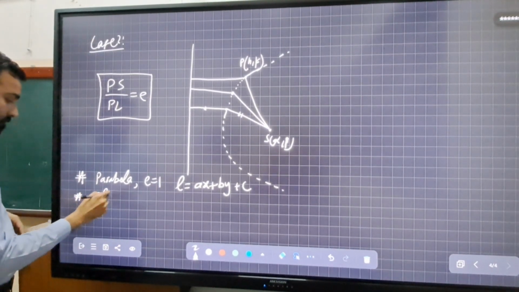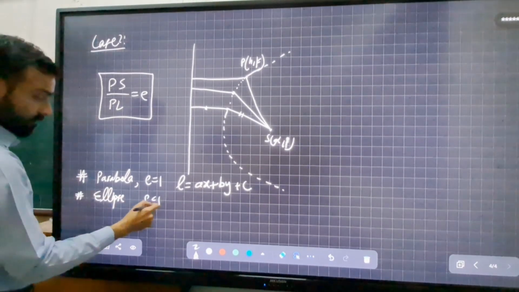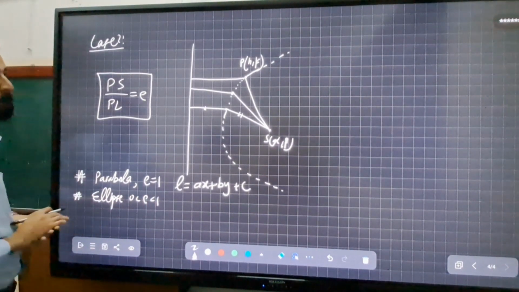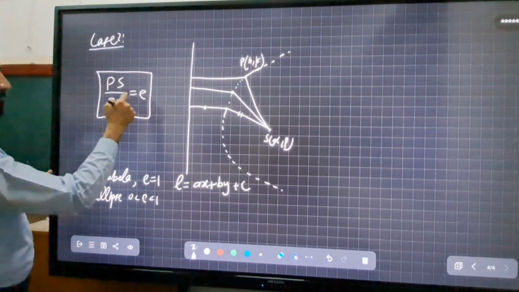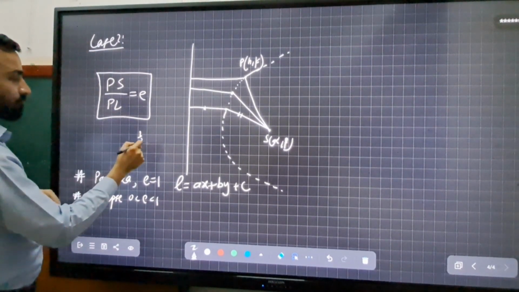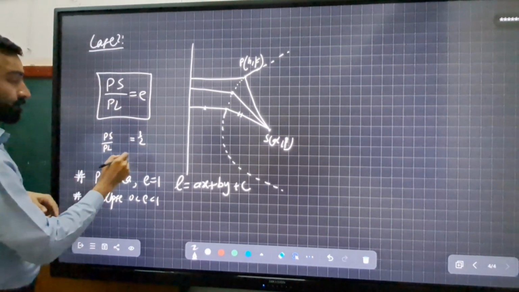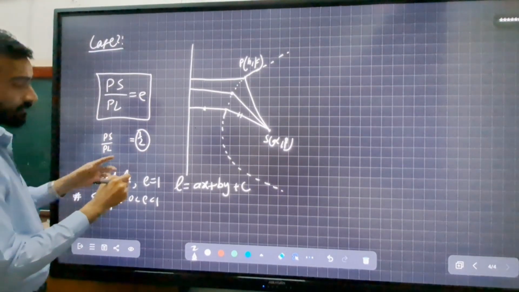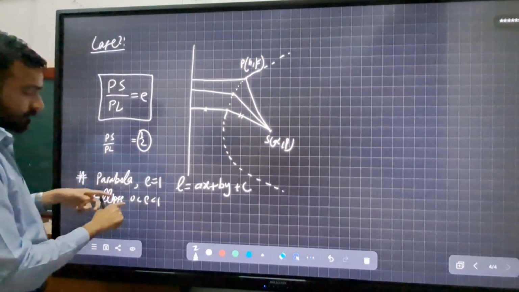For ellipse, eccentricity will be between 0 and 1. Suppose I take E equal to 1 by 2, so PS by PL is equal to 1 by 2. I am guessing just a case, it is not the same for each ellipse, but it will lie between 0 and 1 only.